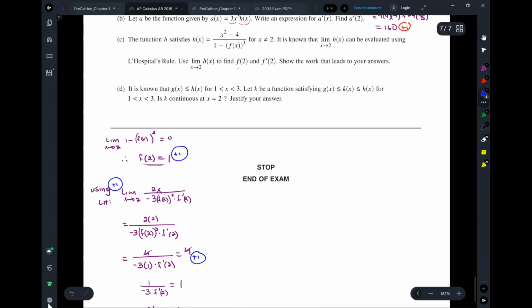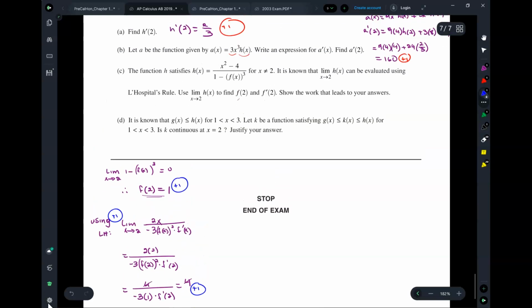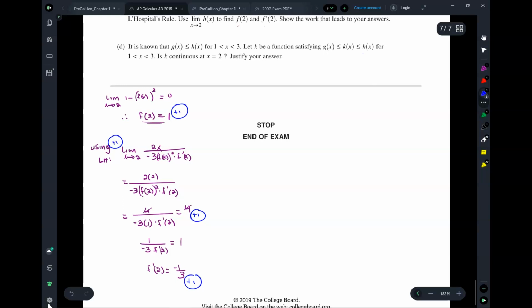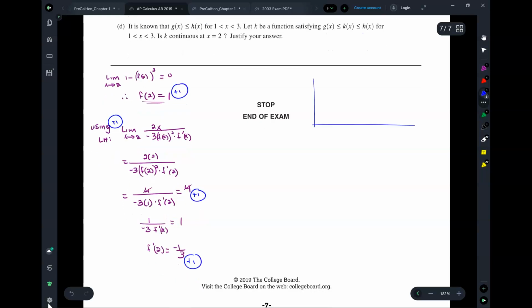It is known that g of x is less than or equal to h of x for x from 1 to 3. Let k be a function satisfying that it's between g of x and h of x for 1 to 3. Is k continuous at x equals 2? So basically, it's saying that from 1 to 3, g of x is less than h of x.